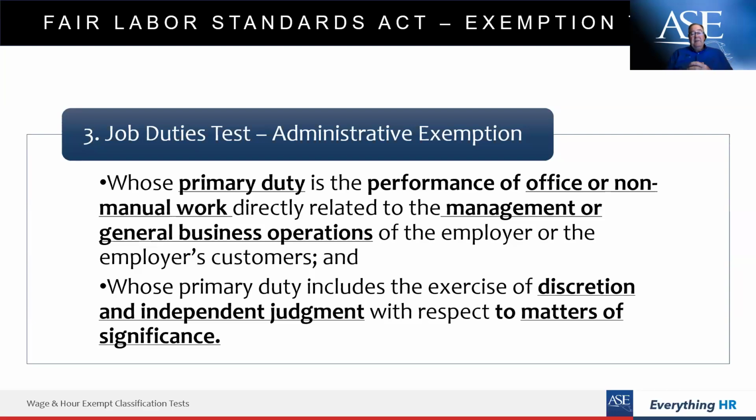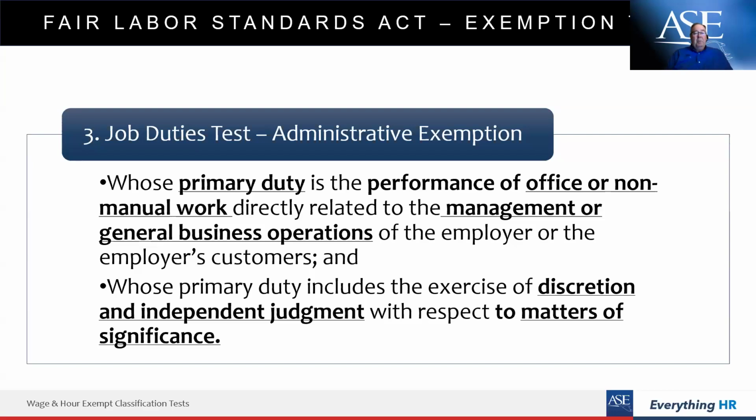And here's where people get very confused, and this even has a unique name. It's called the production dichotomy. If the position has any direct contact with what the organization produces or sells, it doesn't qualify for this exemption, because that would not be performance of office or non-manual work.